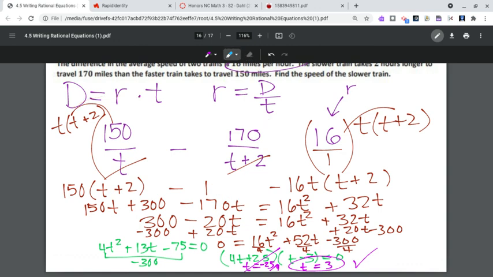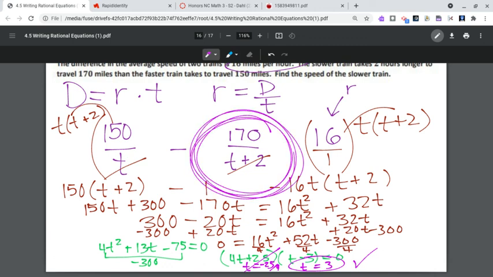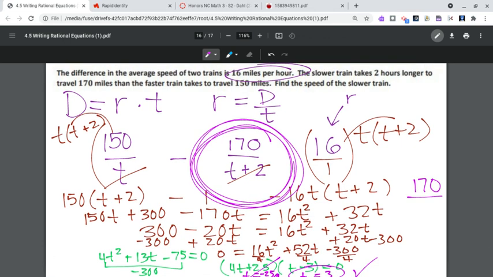We're going to plug 3 here, right? Which is going to be 170 over, because that's the slower train, the slower train takes 2 hours longer, over 3 plus 2, which is going to give us 170 divided by 5, which is 34 miles per hour.